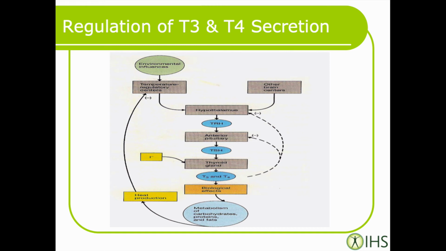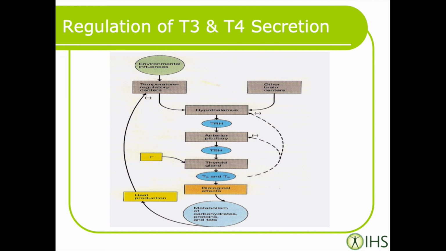T4 and T3 are released. The majority is T4, and it travels through the blood and is then converted into T3. It acts on cells and tissues, and it has a number of different roles. One of them is to increase metabolism, the breakdown of carbohydrates, fats, and proteins.